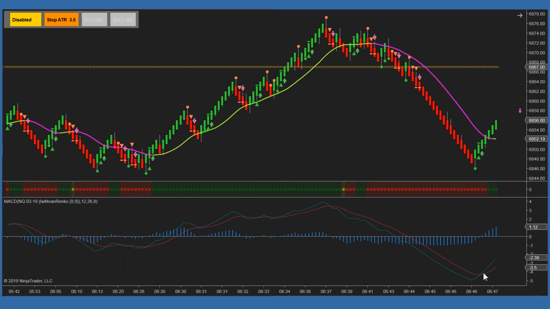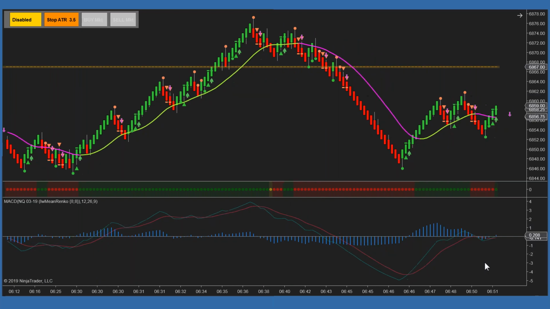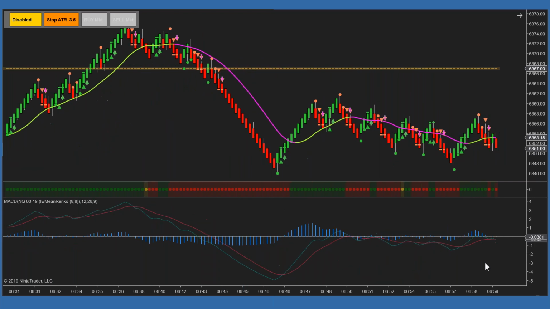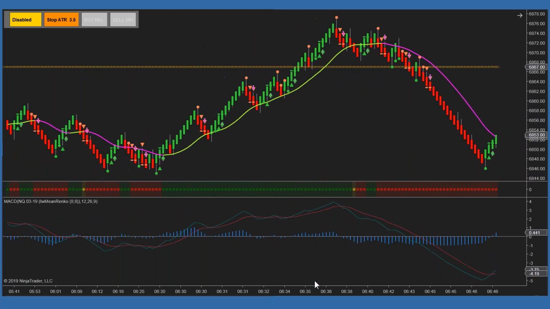This is interesting here. The MACD going bullish, but price not really following up just yet. Taking a whole lot of heat on that. I would have expected a little bit more out of that, but maybe the market's just a little bit busy. Big swing up, big swing down, both confirmed by the MACD. So it would have worked out for you pretty well that way.